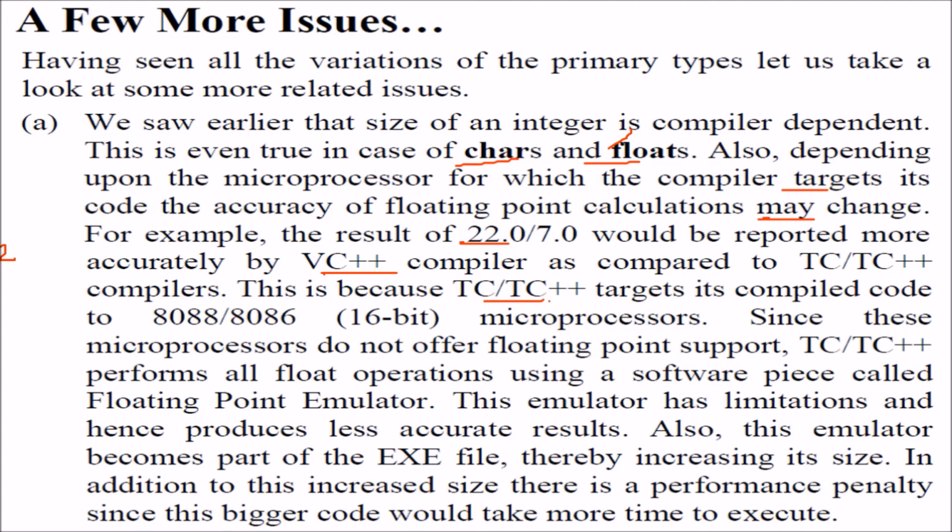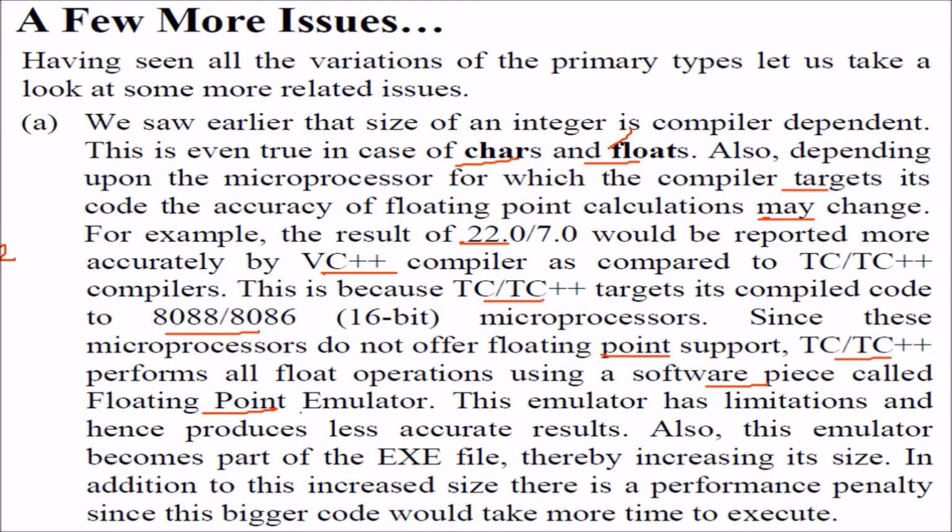Why? Because TC++ is compiled for the 16-bit 8086 or 8088 microprocessor. And these microprocessors do not offer any floating point support, but TC++ still performs all floating point operations. They have a special piece of software which is known as the floating point emulator.